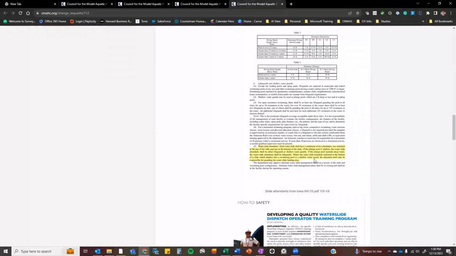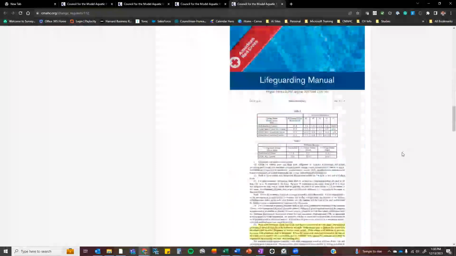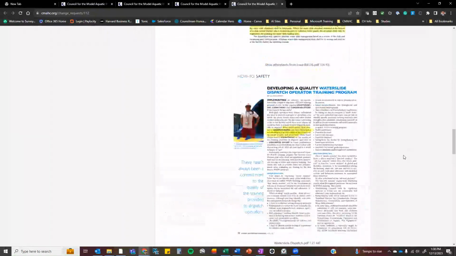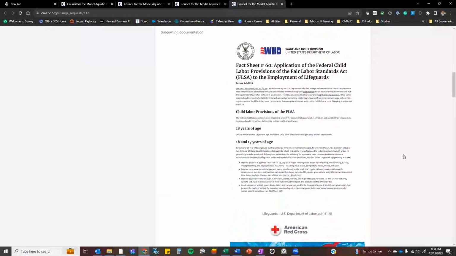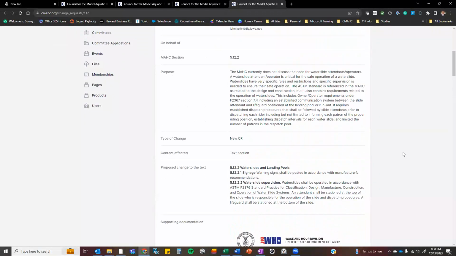The MAC already, in 412.2.1, talking about water slides and landing pools, this is the engineer compliance section, specifically references the ASTM F2376 procedures that discuss classification, design, manufacture, construction, and operation of water slide systems. So the MAC already does reference that one, but it's just found in a different section. It's in 412.2.